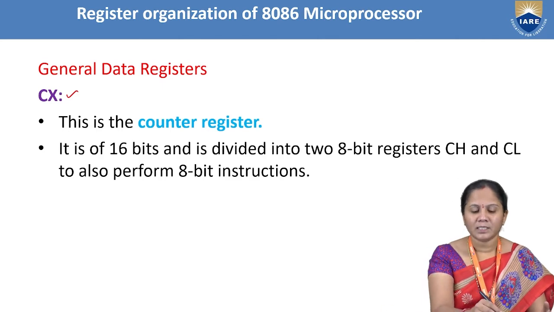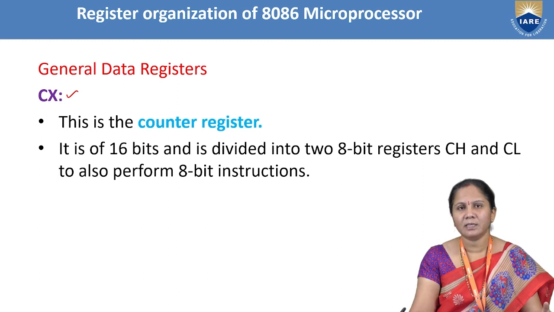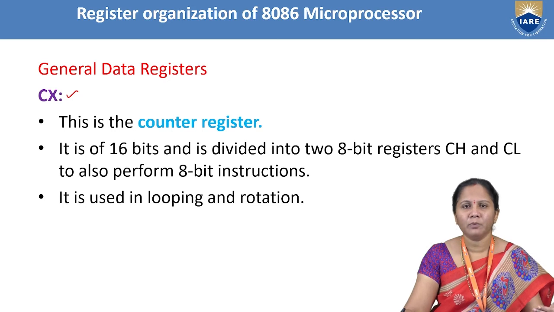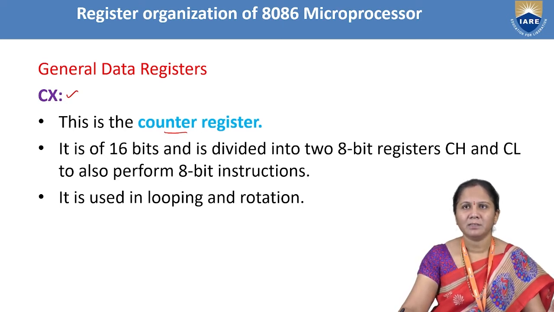And next general data register is CX register. So CX register is a 16-bit register. But here if you see, the another name of CX register is called counter register. If you wanted to perform any operations on 8-bit instructions, it can be divided into 2 8-bit registers as CL and CH. So CL represents the lower order 8 bits and CH represents the higher order 8 bits.